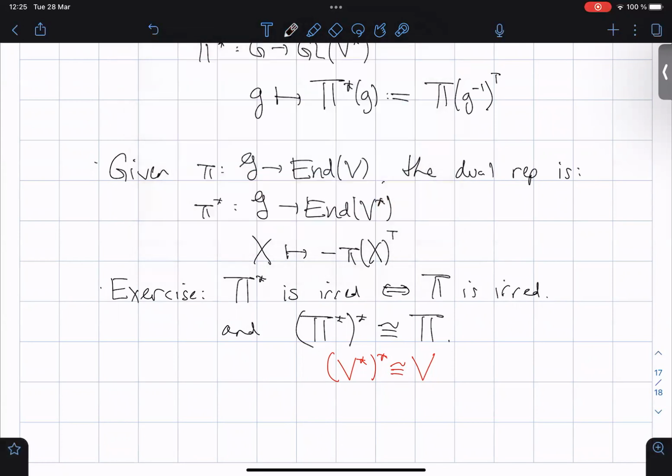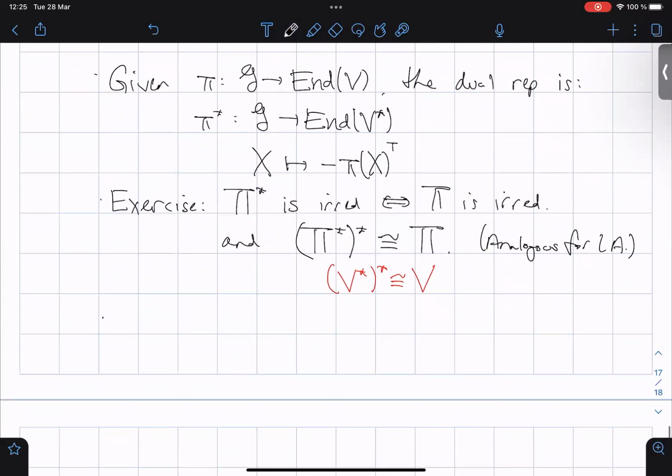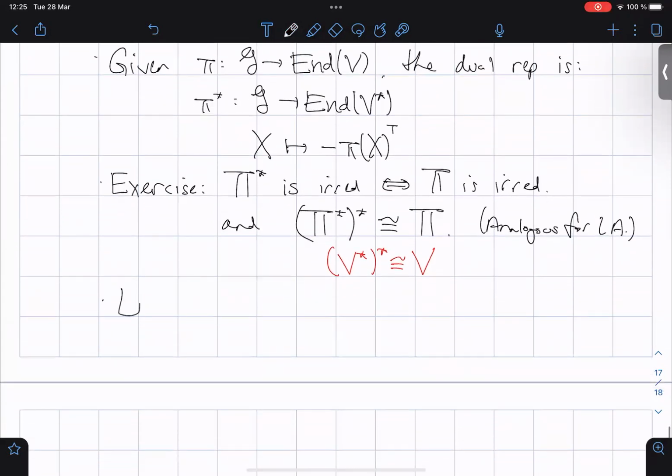And then we have the analogous. Let me review this notion also of intertwining, because we want to make precise that C2 and C2 dual are isomorphic, but what does that mean? So let's take a representation, take another representation. Let's suppose these are G-reps.